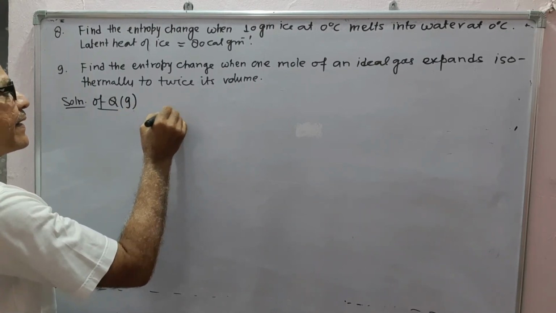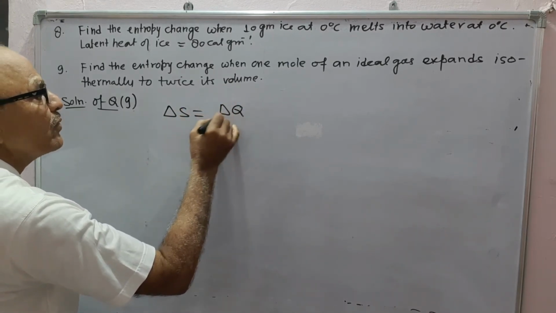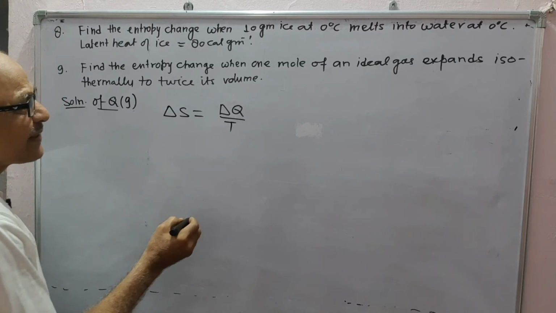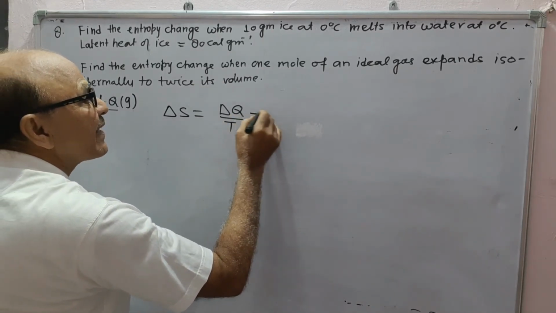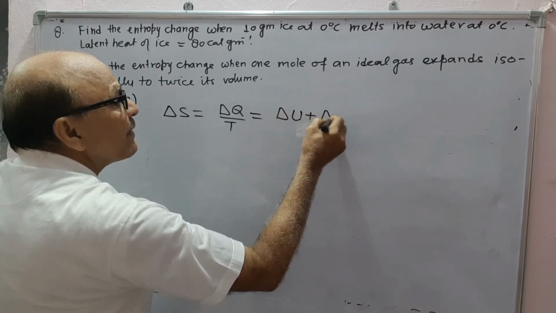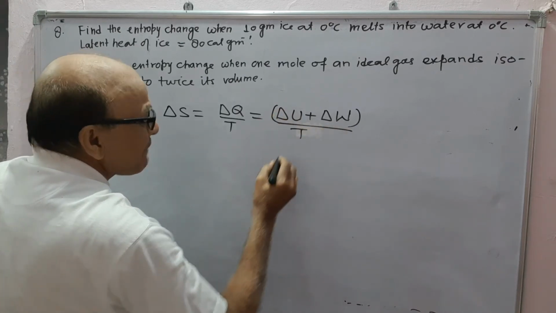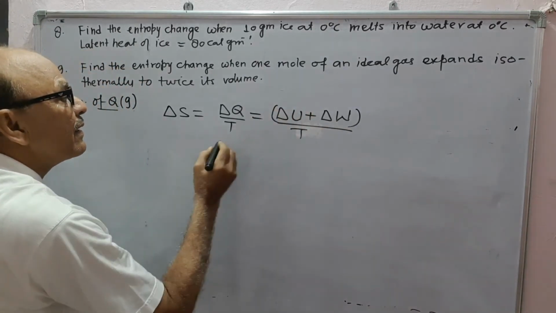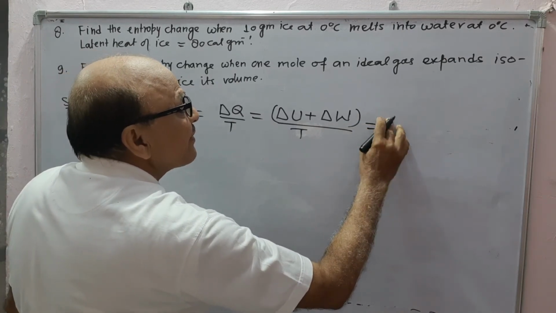Entropy change delta S will be equal to delta Q upon constant temperature T. Delta Q, from the first law of thermodynamics, is delta U plus delta W upon T. Delta U is internal energy change.